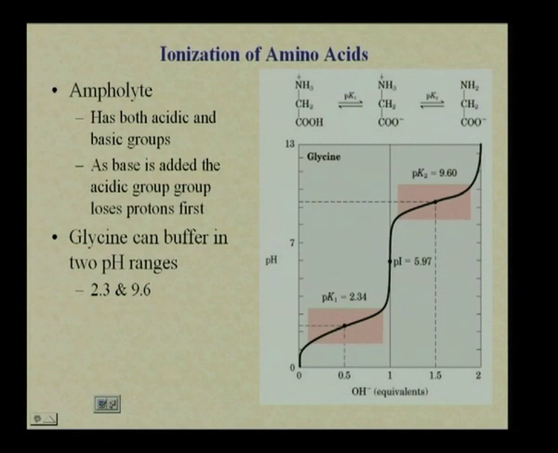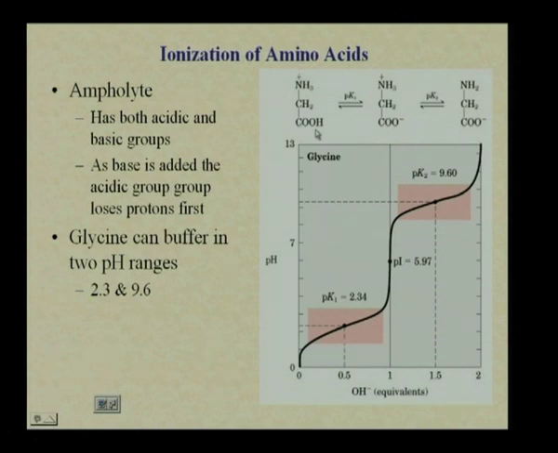Now, as the base is added, so what is here along the x axis, we have number of OH minus equivalents added. So, basically what are you doing? You are adding NaOH to your amino acid solution. Initially, if we make the pH very low, what does my amino acid look like?